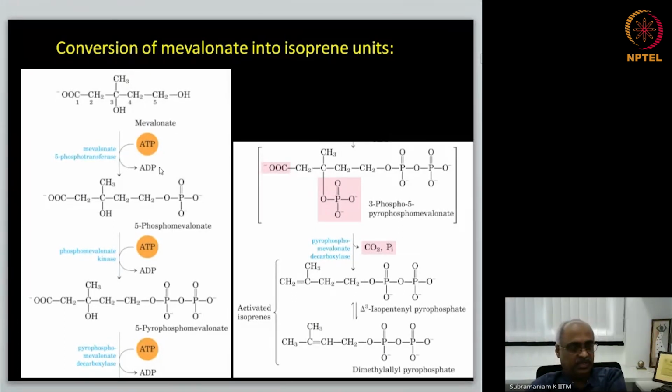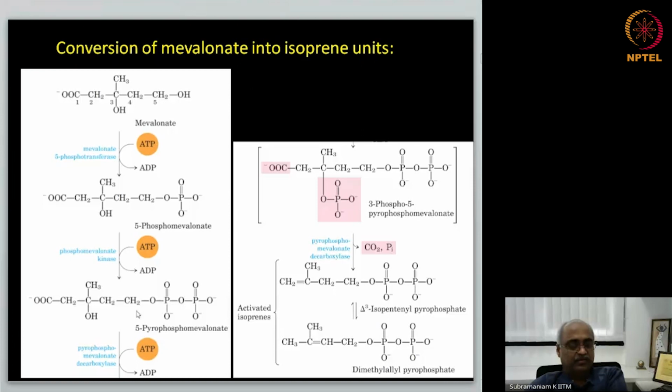It's a standard phosphorylation reaction. This alcohol group is phosphorylated, and then another kinase phosphorylates that once more, making 5-pyrophosphomevalonate. This is the fifth carbon. Numbering from here 1, 2, 3, 4, 5, we start from this main functional group, and that's why this is the fifth one.